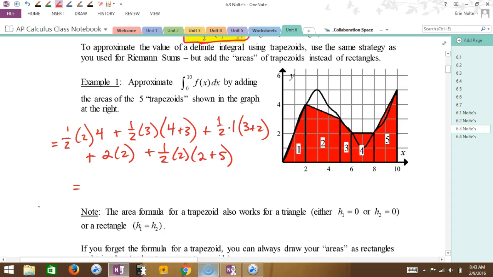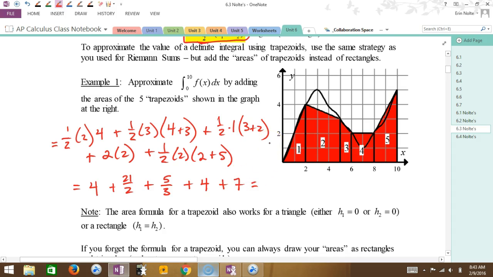So, if we add all that together, we get 4 for the first one. 7 times 3 is 21/2 for the second one. We would get 5/2 for the third one. We get 4 for the fourth one. And 7 times 2 is 14 divided by 2 is 7.